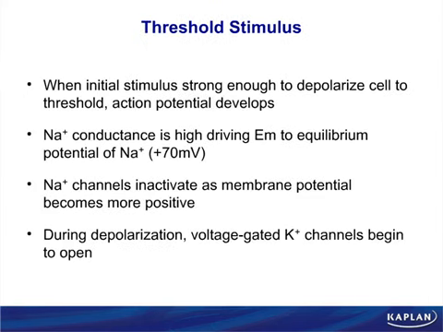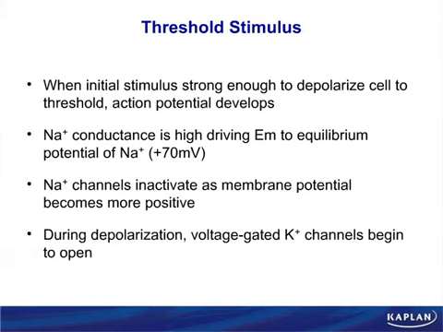As we showed on that previous slide with the figure, a threshold stimulus means that the initial stimulus is strong enough to depolarize the cell to threshold, and as a result, we get an action potential. This means that we open a critical mass of fast sodium channels. That's what threshold represents.